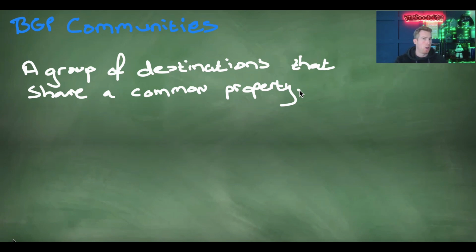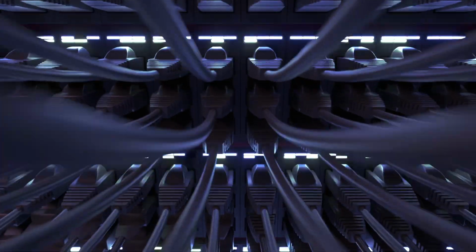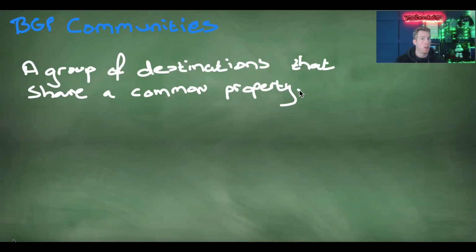It's allowing any router, but specifically in this case Juniper EX switches, Juniper MX routers, and so on, to assign a particular value or values, we'll come on to that in just a bit, so that other routers recognize that when they receive these routes, these route updates, if there is this community tag associated to those routes, they know that they need to give some kind of treatment to those updates, specifically those BGP updates.